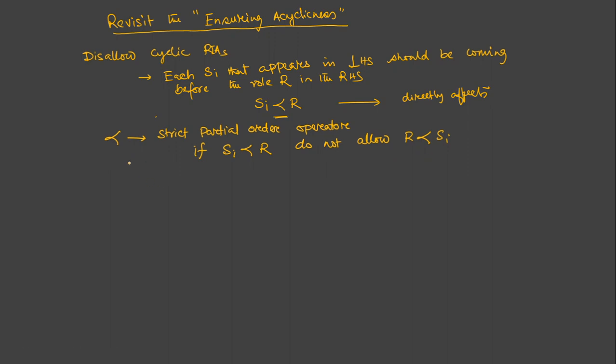So this strict partial order is basically a binary relationship which is transitive and irreflexive.